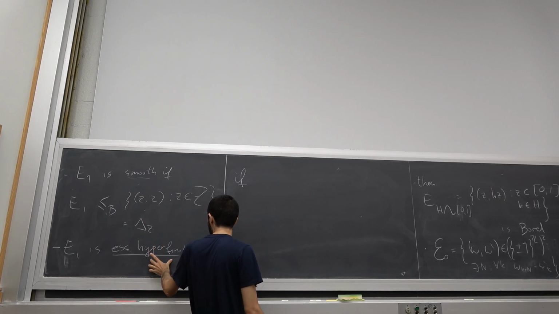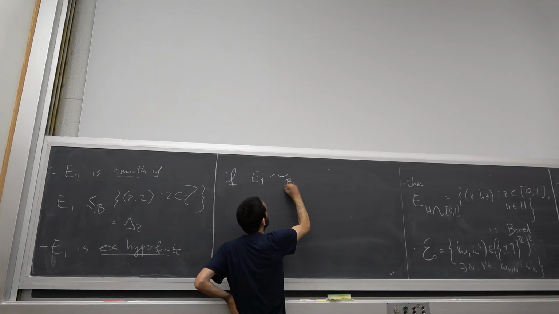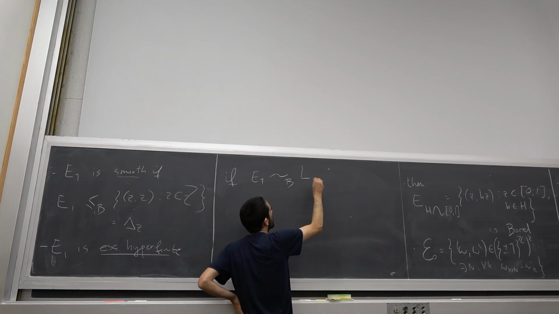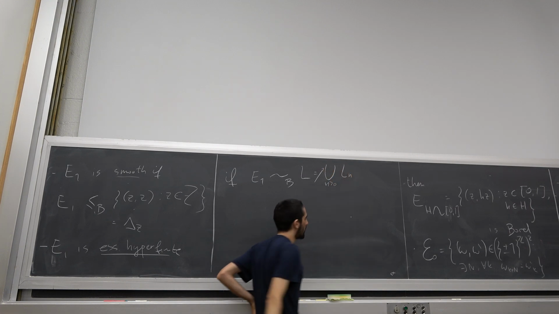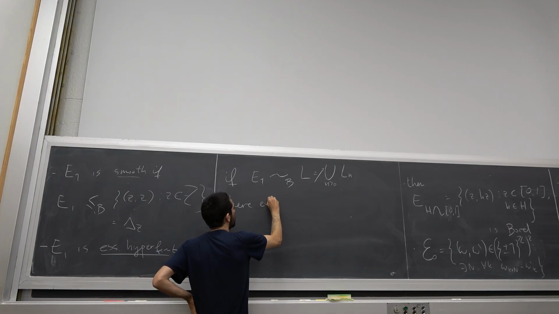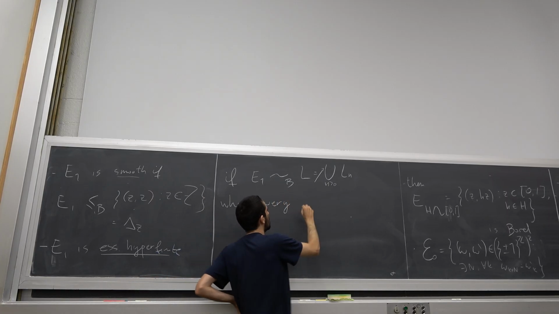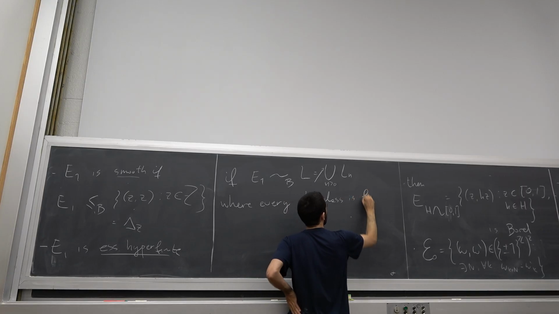So the relation is essentially hyperfinite if E1 is equivalent to somebody, I'm going to call it L, that can be written as an ascending union of relations where every Ln class is finite.